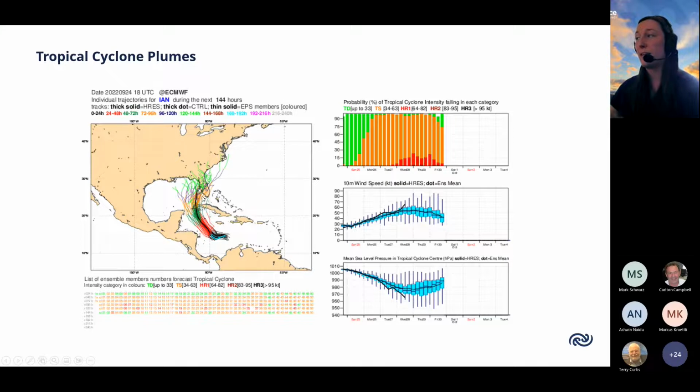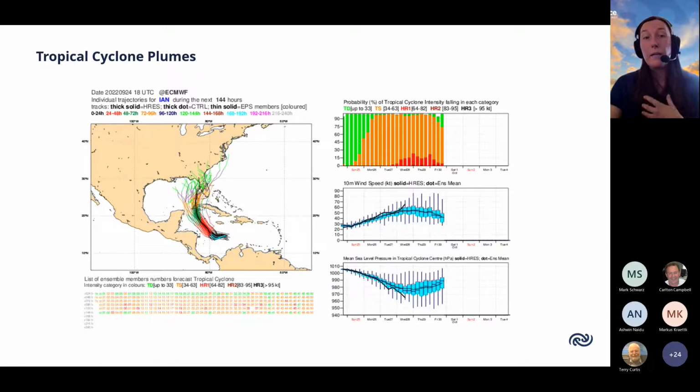And this gives us an idea of spread because we can't predict the atmosphere perfectly. Having a range of what the atmosphere might be doing and how that changes with time is really important. It also gives us the ability to forecast things like intensity, wind speed, pressure, etc.